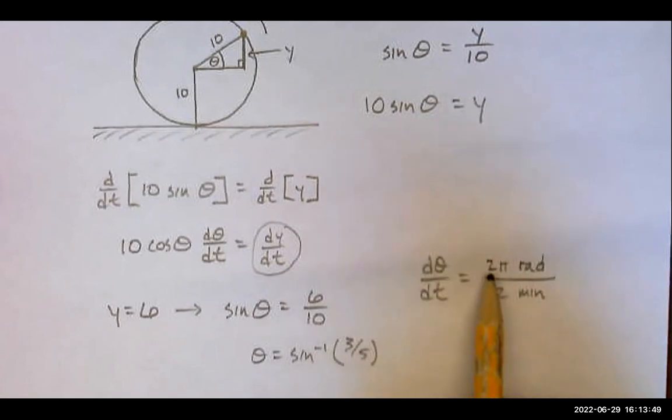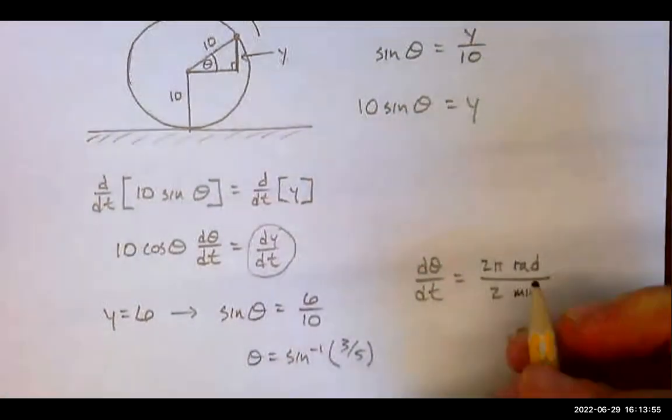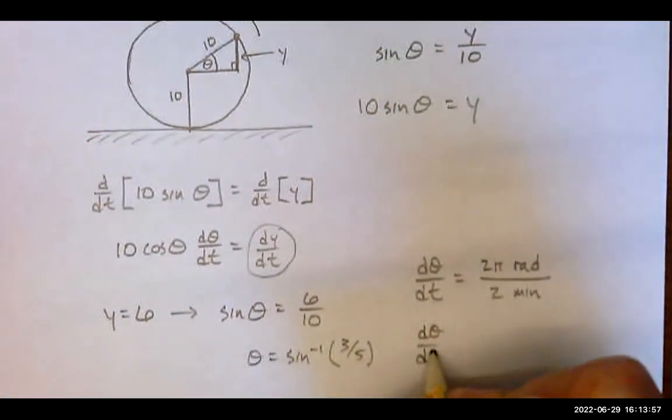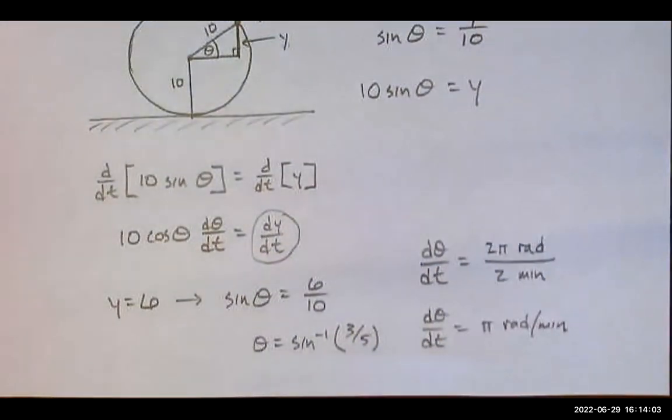So it goes through 2 pi radians in every 2 minutes. So d theta over dt, divide those, that's pi radians per minute. Right. We are all set.